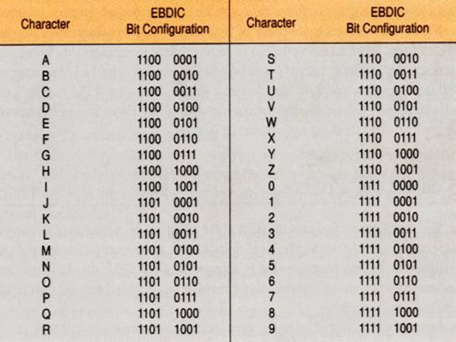The J to R alphabets use zone code 1101, with binary code from 0001 to 1001. S to Z alphabets use zone code 1110, with binary code from 0010 to 1001.